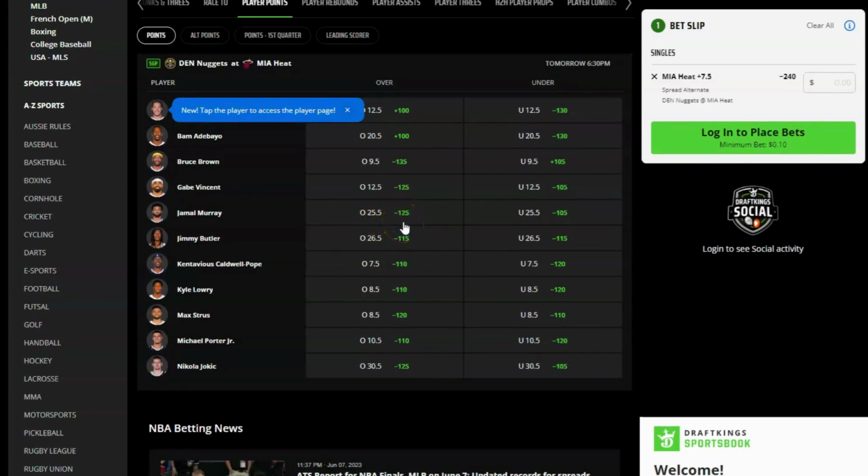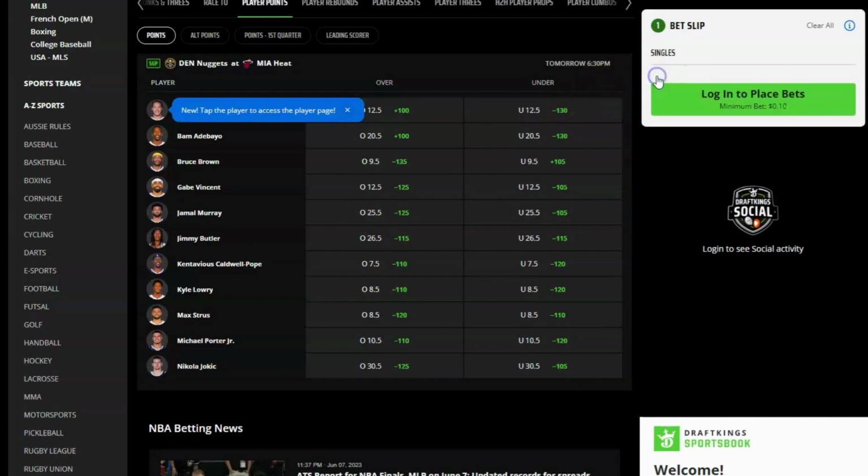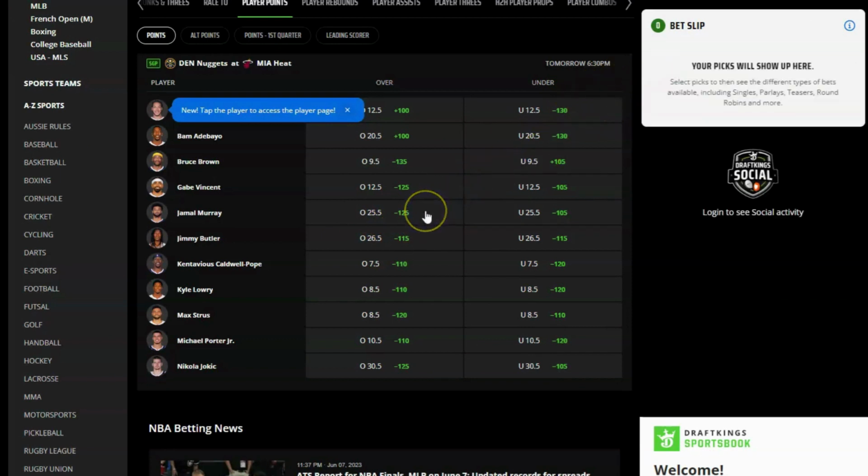So what that means again is if you think Jamal's going to have 26 points or more, you bet the over, and that payout is $125 to win 100. The math is accordingly. But if you think he's going to be a little bit lower scoring, you play the under. If you think he's going to have 25 points or less, you would take this. And now it's a little better payout, minus 105. But the inclination is he might score more than that.